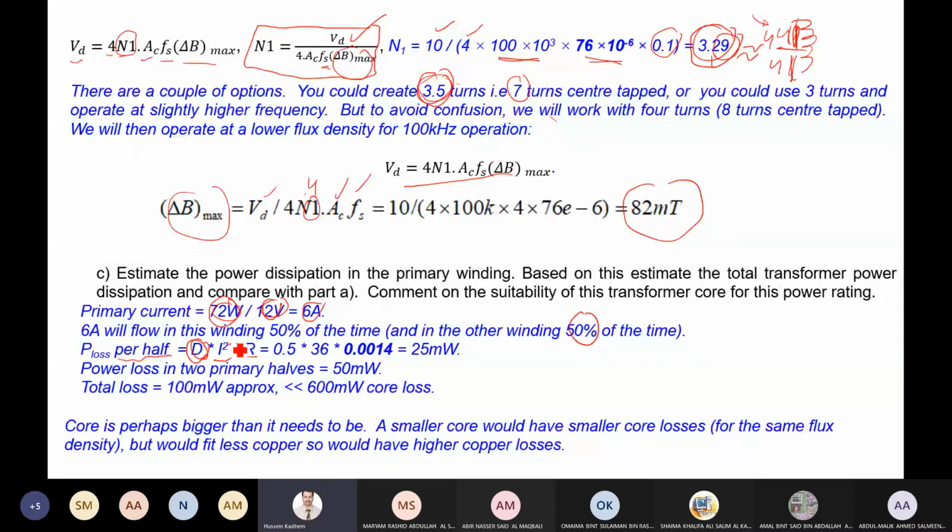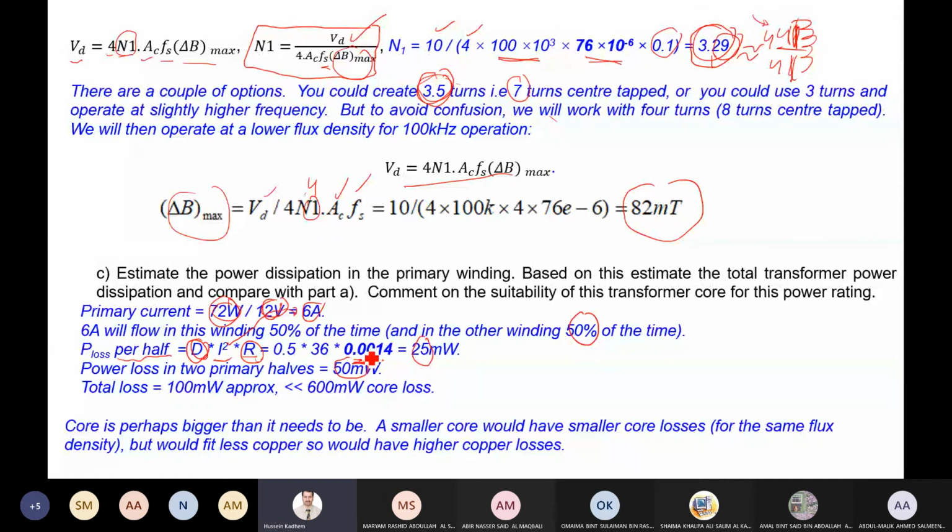Now I already calculated I, which is 6. R, I need the resistance of the winding. I got it from the table also. It's not given in the question, but from the table you can find it. I got 25 milliwatt. But since I have 2 switches with 2 windings, it will be 25 plus 25, which gives me 50 milliwatt.